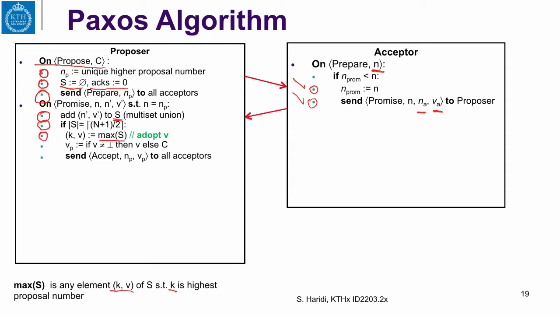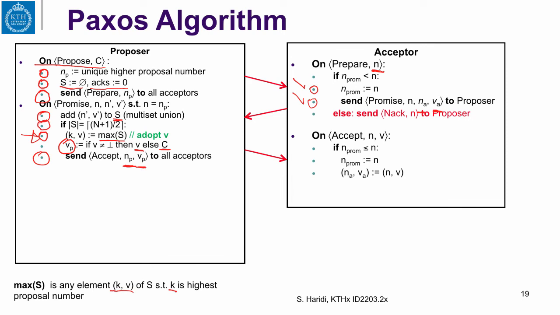And then if that value is not undefined, it sets its proposal to be the value selected in this max set. Otherwise, if the acceptors say we don't have any value, then it sets its value to propose to the original value C. And then it sends to the acceptors, please accept at my proposer number P the value V.